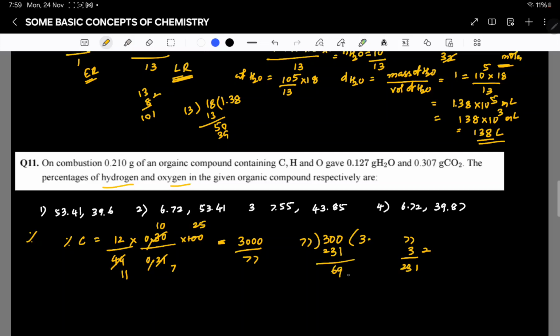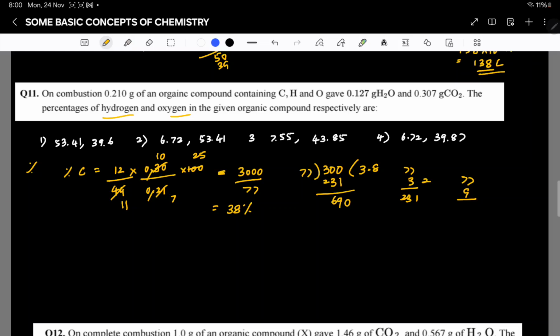So this becomes 690. 77 9 ja 693, so not possible 3.8. So this will be closest to 38%, student. The percentage of carbon is 38.